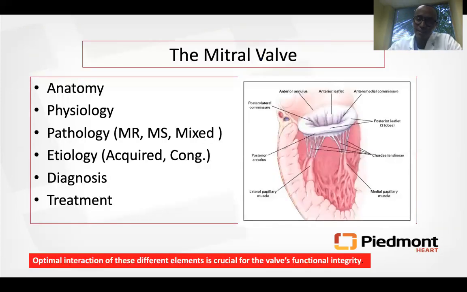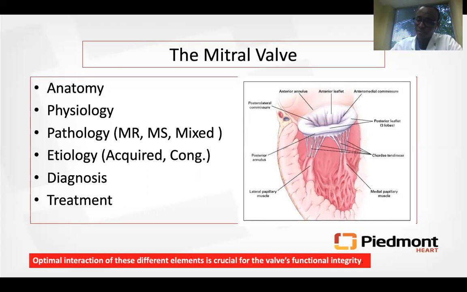So let's take a look at the mitral valve. The mitral valve is one of the two AV valves that sits between the left atrium and the left ventricle. It's also one of the most intricate and complicated valves of the four valves in the heart.